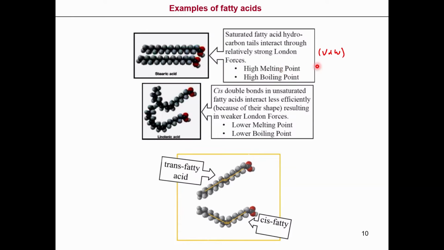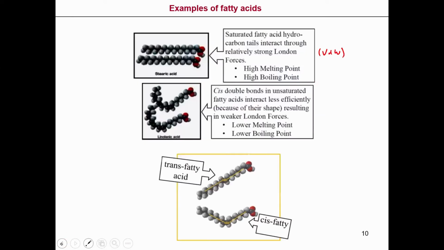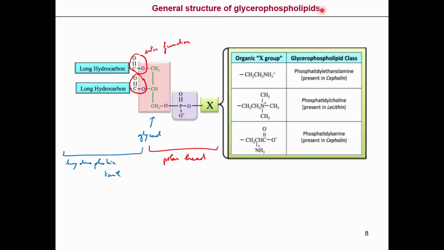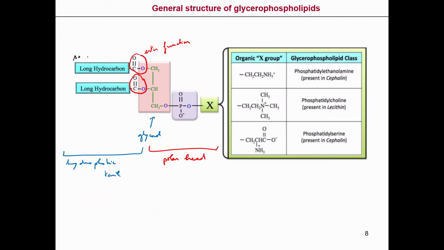So that's why you have less interaction with the cis double bond in unsaturated fatty acid. After that, usually in glycerophospholipids, you will have one saturated fatty acid tail and one unsaturated fatty acid tail.